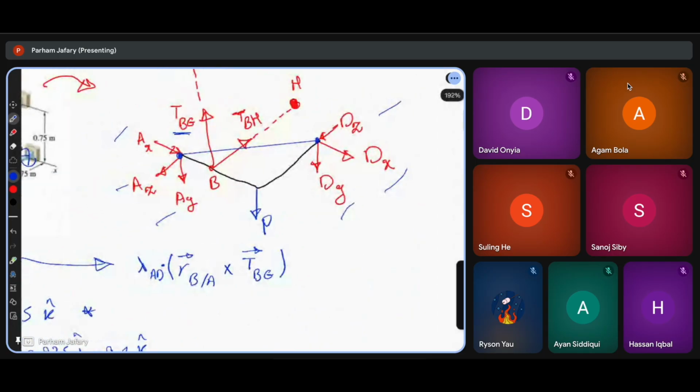So the relative vector from B to A times TBG will give us the moment caused around point A by the force vector BG, and then a dot product with lambda AD will give us the moment around line AD.